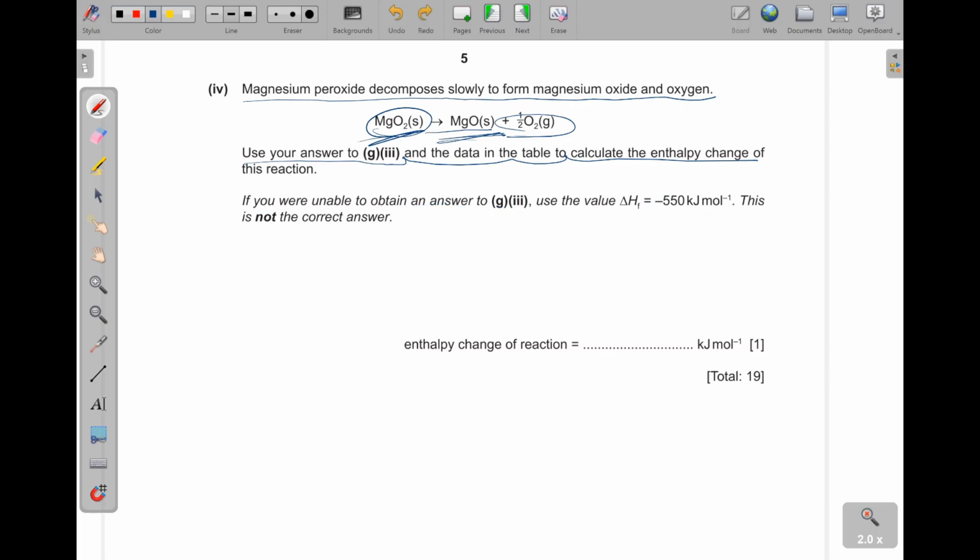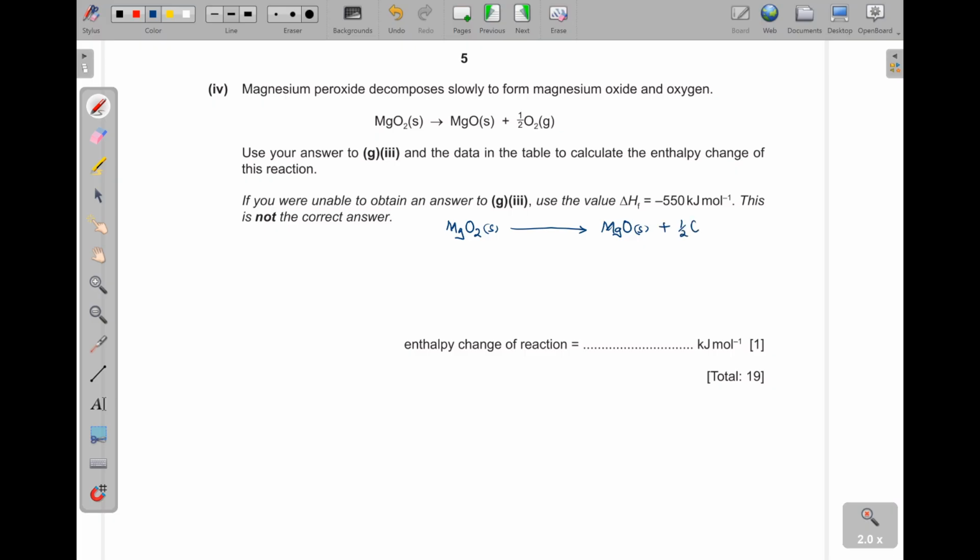Now, I'm going to do something small here. For this new reaction, we have magnesium peroxide, which is a solid, and then gives us magnesium oxide. Then also it gives us a half of oxygen.